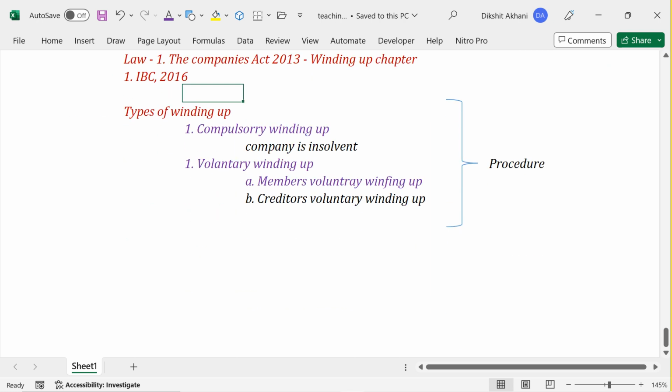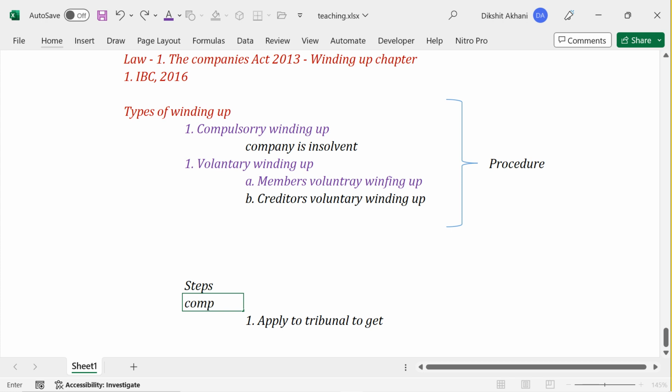Basically, if I speak about the steps, first step is apply to tribunal. I'm telling you, in case of compulsory winding up, because in compulsory winding up you have to go to the court or the tribunal.